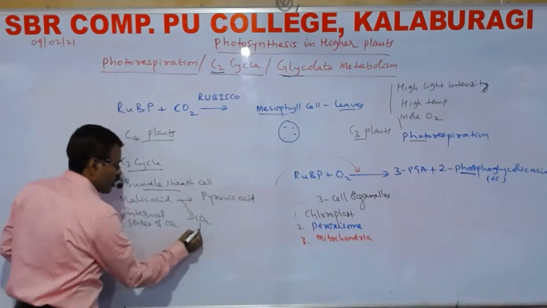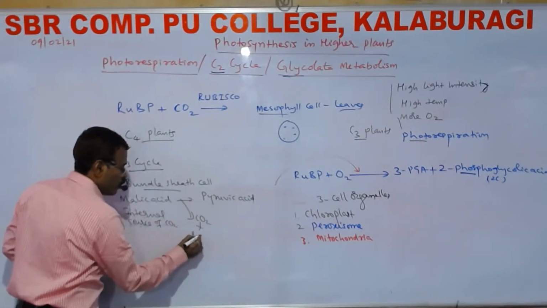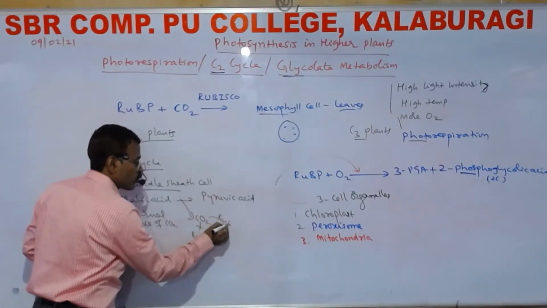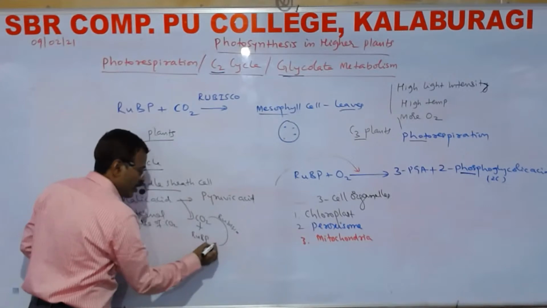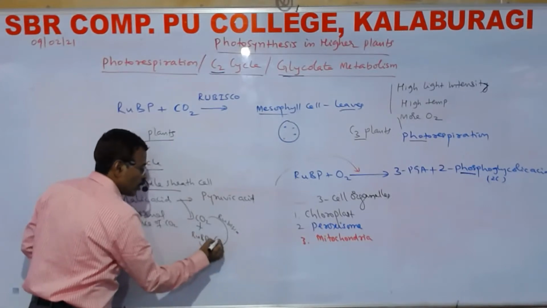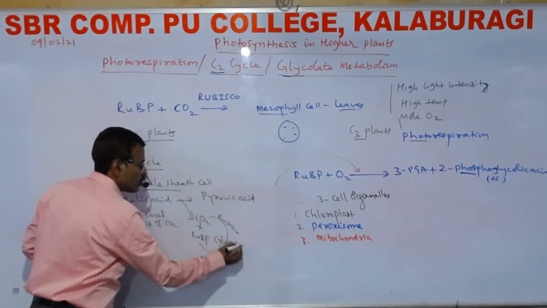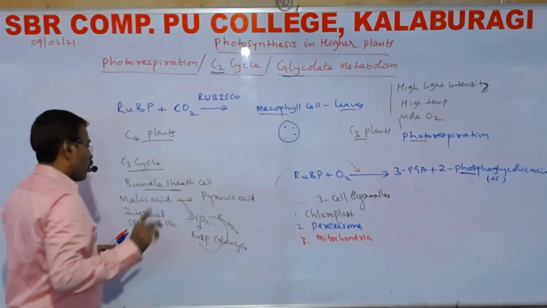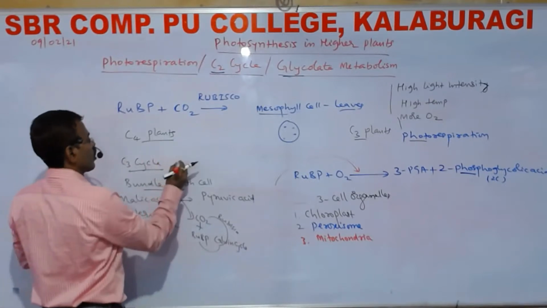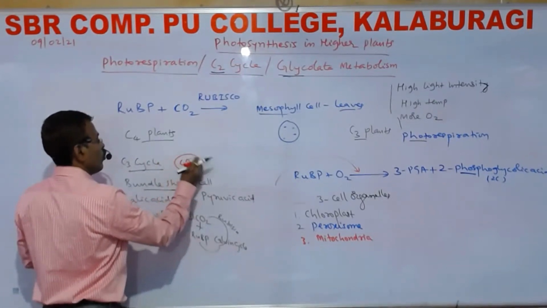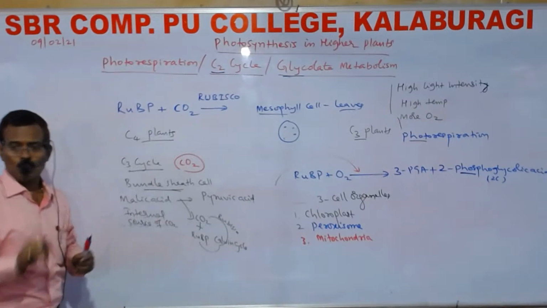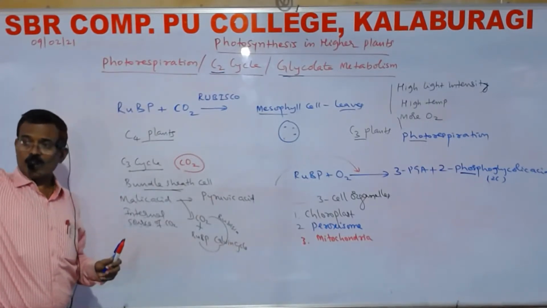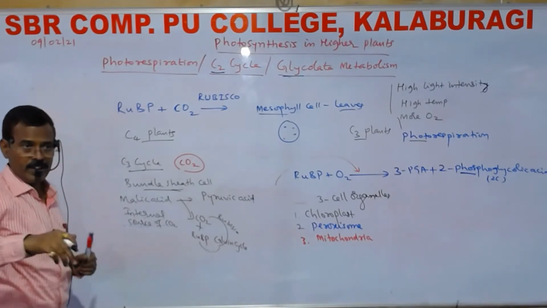This carbon dioxide is fixed by RuBP by the catalytic activity of Rubisco. So in the bundle sheath cell, the concentration of this carbon dioxide will not usually be low. This carbon dioxide is not coming from the surrounding environment, surrounding air.